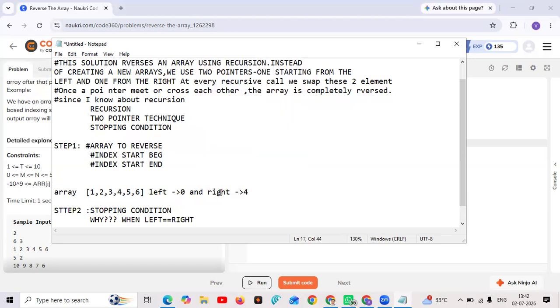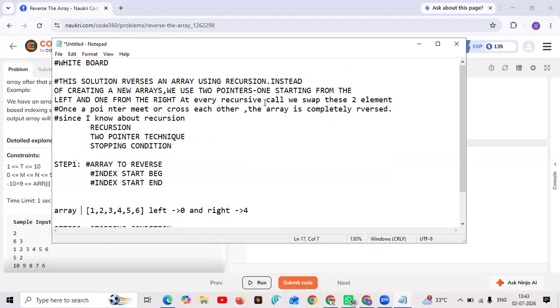If the left pointer is moving from this side and the right one is moving from this side, there will be one condition at any cost.